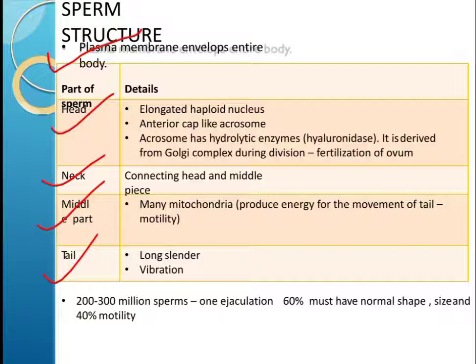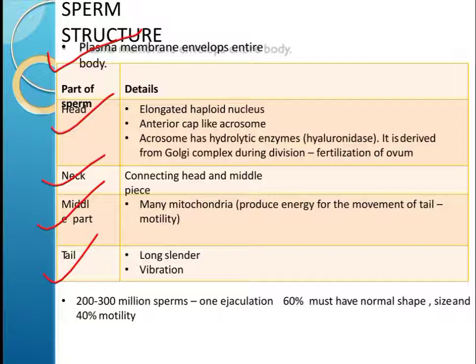It is a very long, slender, soft and tapering structure. Tapering means pointed at the end, formed of cytoplasm. A fine thread called the axial filament arises from the posterior centriole and traverses the middle piece and the tail.